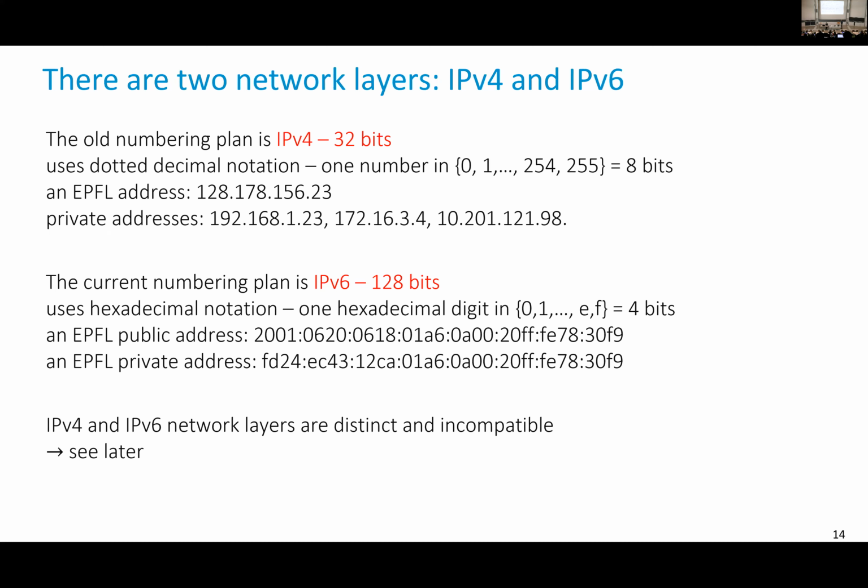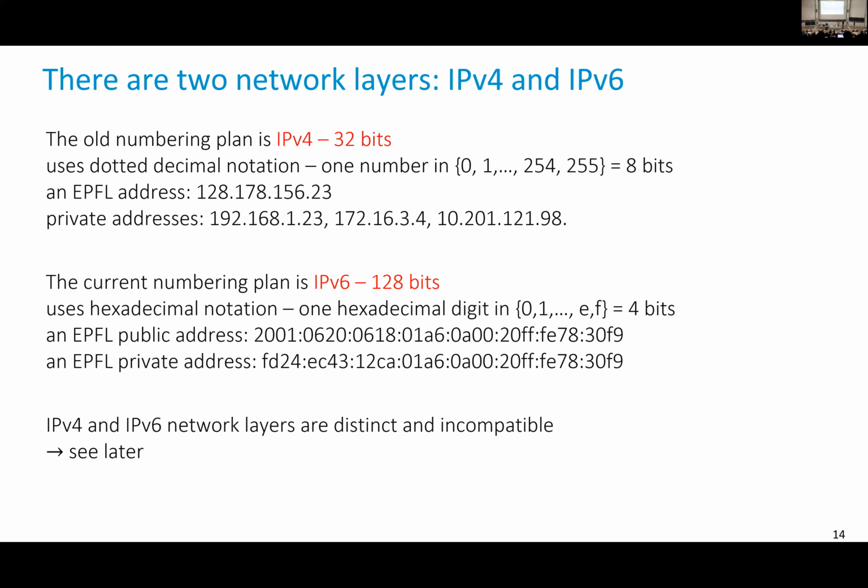And typically in lowercase. So for example, 2001, which is read 2001, although it's not the number 2001, it's a hexadecimal number, much larger than 2001, but people read it 2001. That's the block that was standardized in the year 2001, and that's the one that is used for public IPv6 addresses today. So an EPFL public address could be this one.